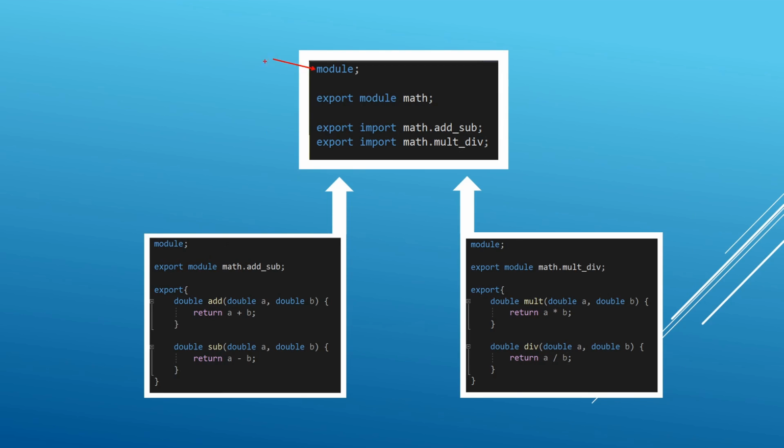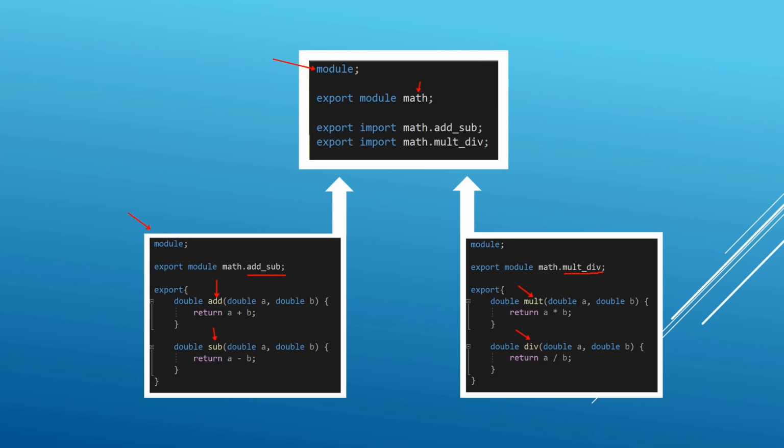This is the structure we will have in our project here. We will have a module named math, which is going to be englobing or bringing together other modules. And down below here, you see that we have an add submodule. This is the name. And we have a multi-div module. The add submodule is going to have add and subtract. Multi-div is going to have multiply and divide.